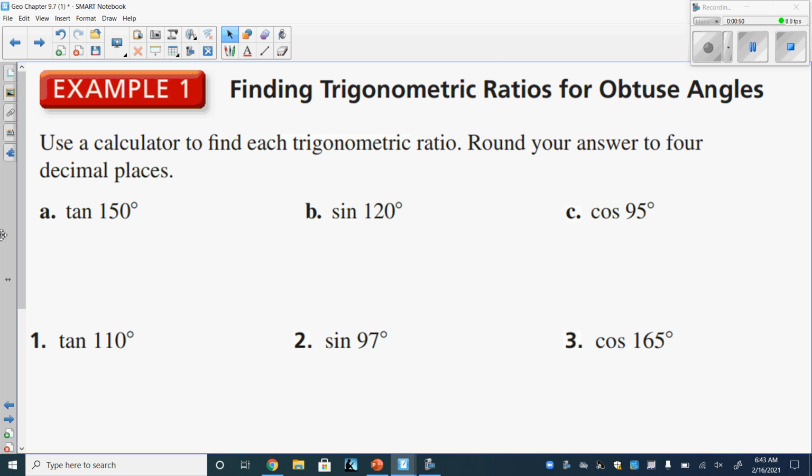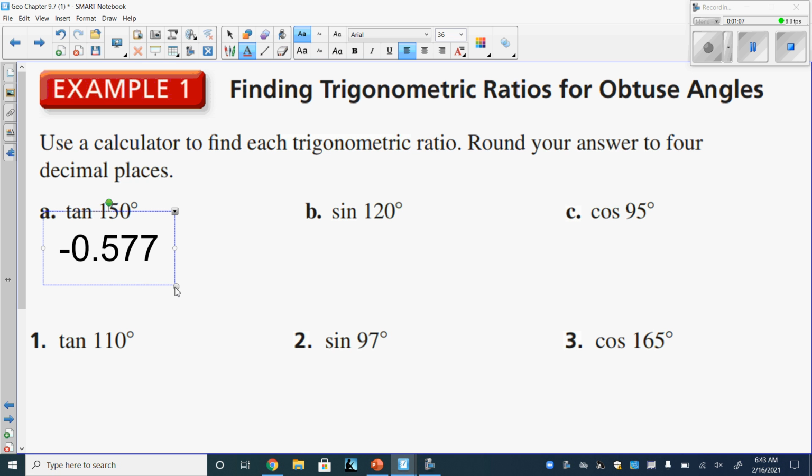Now for any of these here, like tangent of 150 degrees, if I wanted to find that, we can just take our calculator and do tangent of 150, and it would give us our answer. It works out that tangent of 150 degrees is negative 0.57735. If we want to round it to 4 decimal places, it would be negative 0.5774.